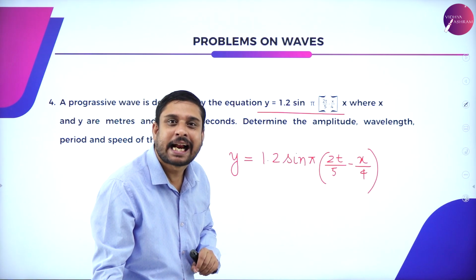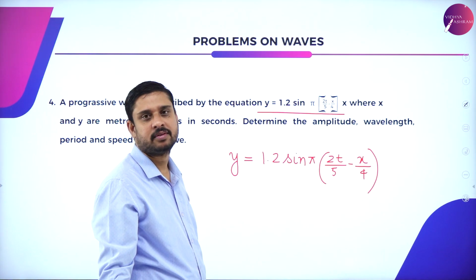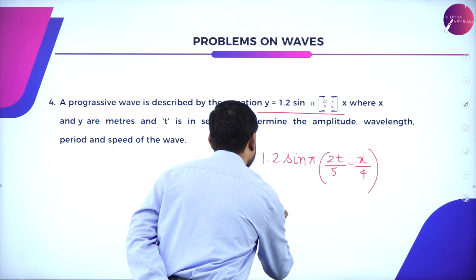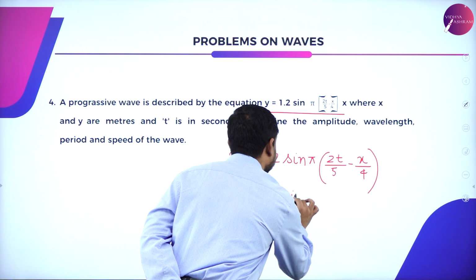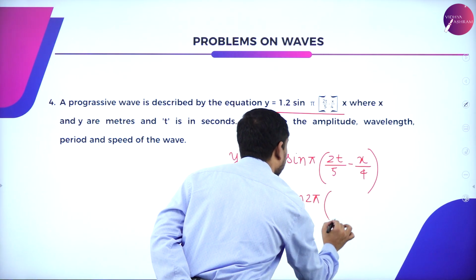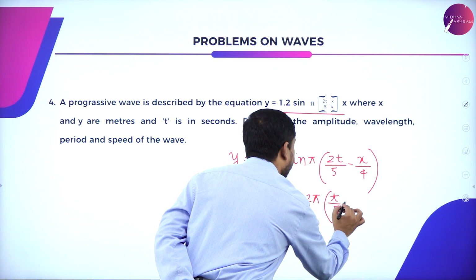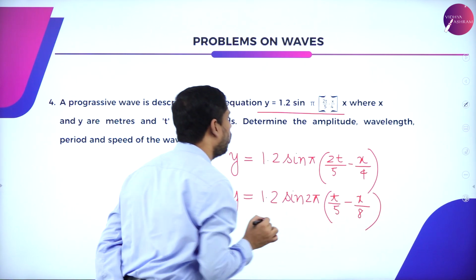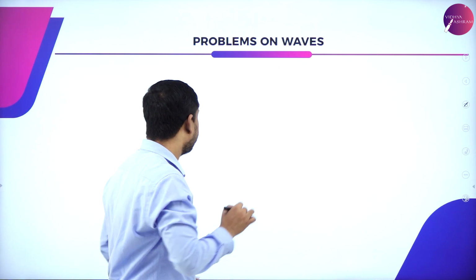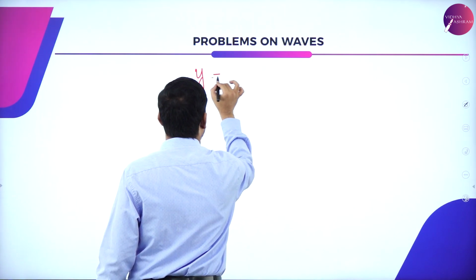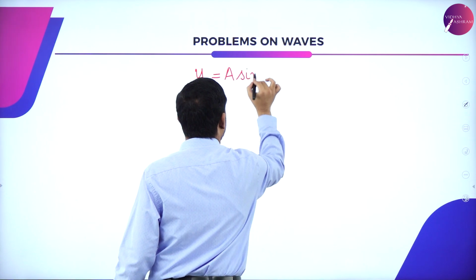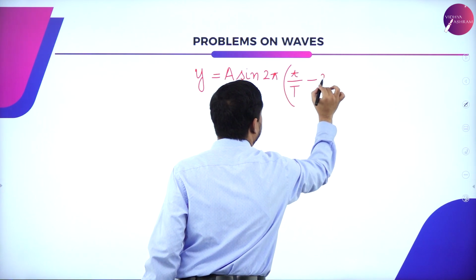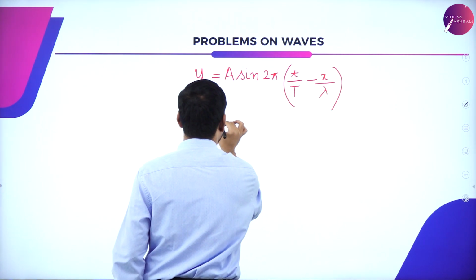First, I transform this equation into the standard form. y equals 1.2 sine 2 pi (t by 5 minus x by 8); x by 4 times pi has to be multiplied and divided, so 8. Now it is of the form a sine 2 pi (t by T minus x by lambda).